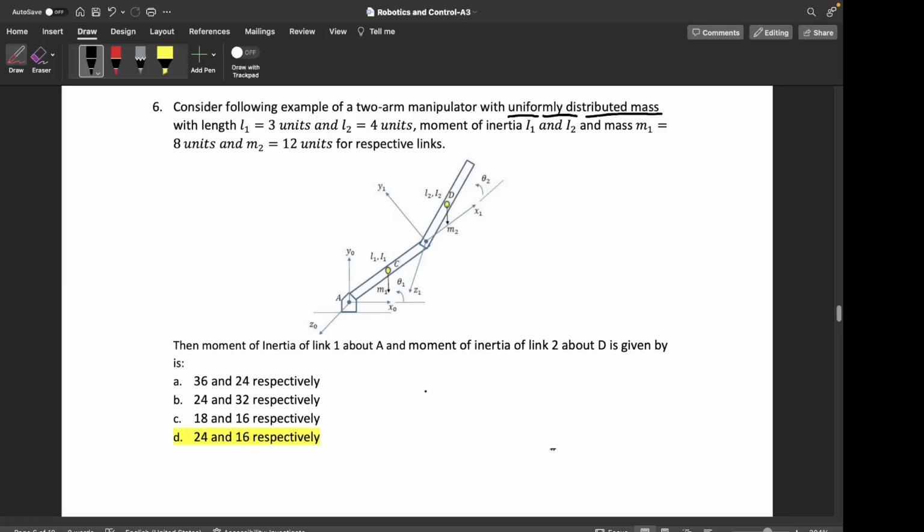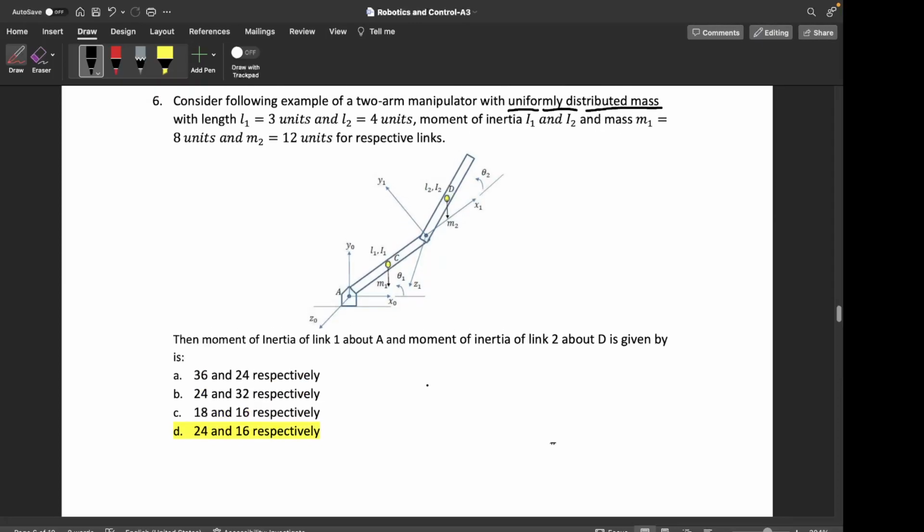You can either derive those formulae, but I guess in high school you have studied these formulae and it's just an application of them. If there is a bar, which is the case here, rotating about one of its endpoints, and it is of mass m and length l, then the inertia is ml square by 3, right?